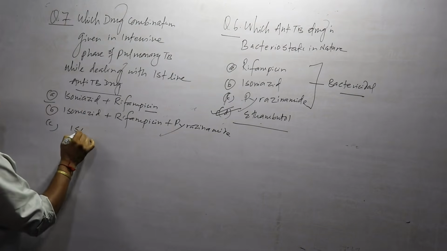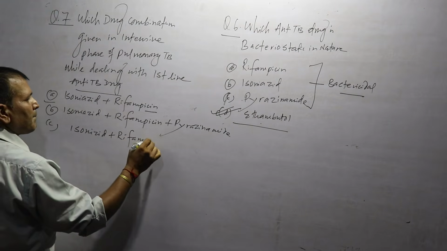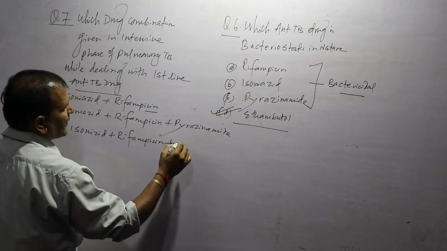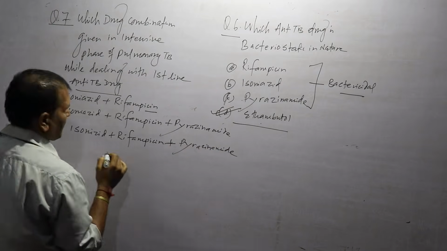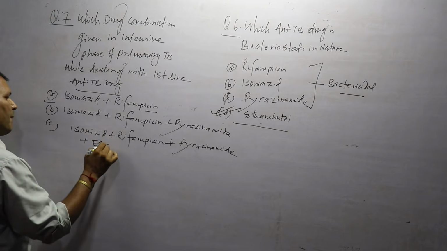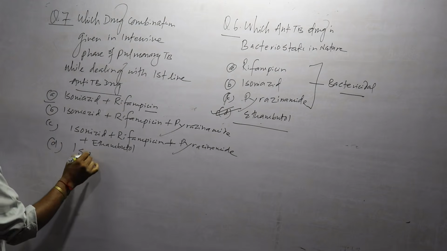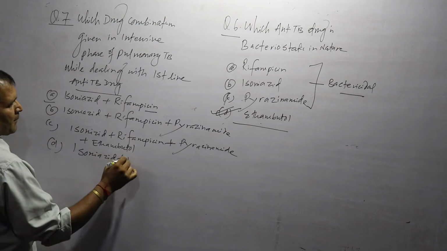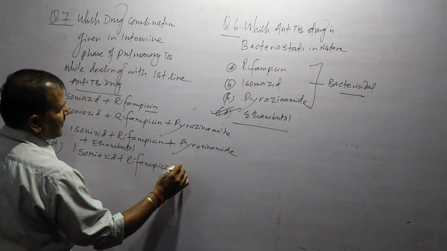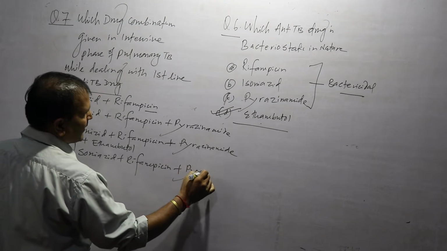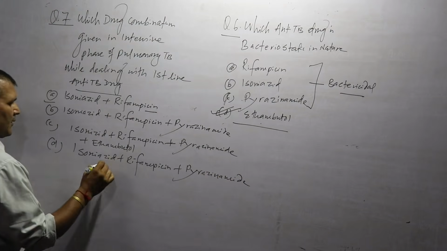C, isoniazid, rifampicin plus pyrazinamide and ethambutol. D, isoniazid, rifampicin, pyrazinamide plus linezolid.